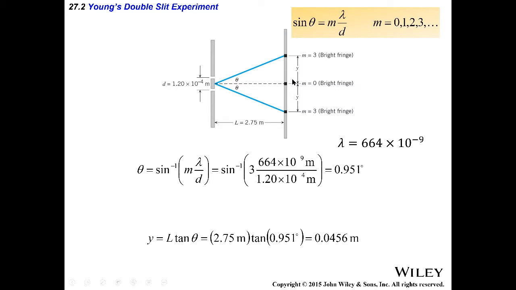So that's about 2 inches. So actually, in the lab, you can measure that separation, right? 1 inch is 2.54 centimeters, so this is about 2 inches. Okay? Any question at this point? Okay, good.